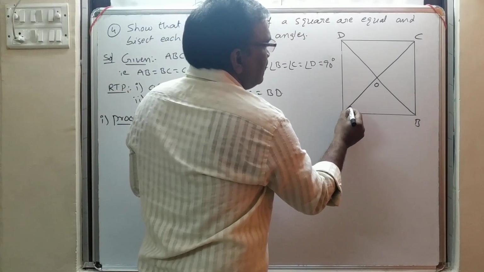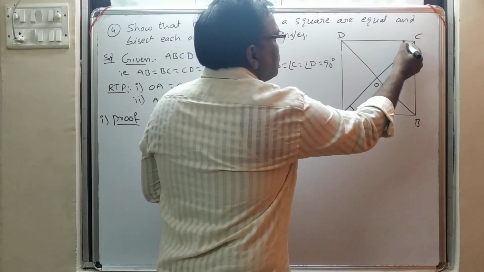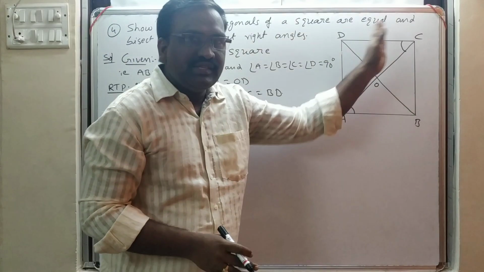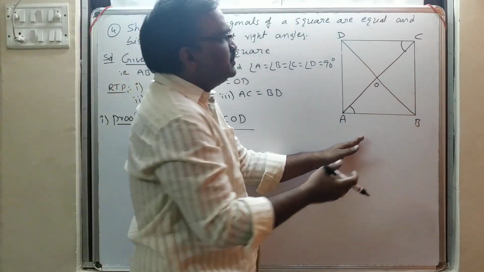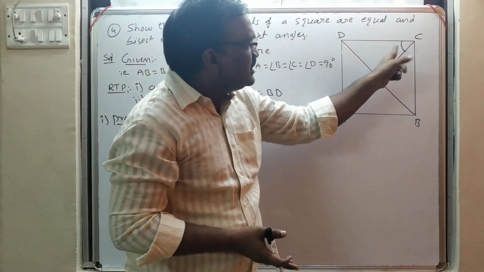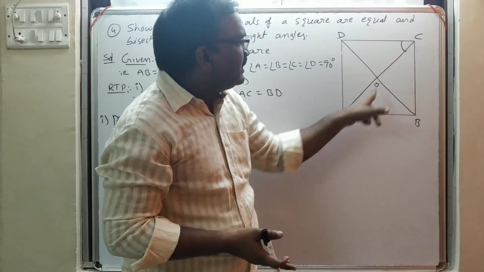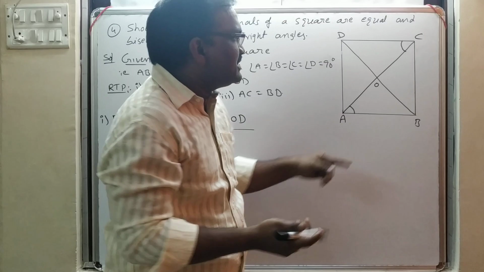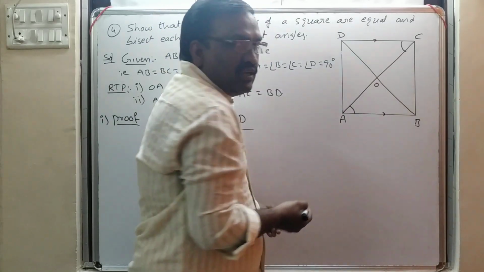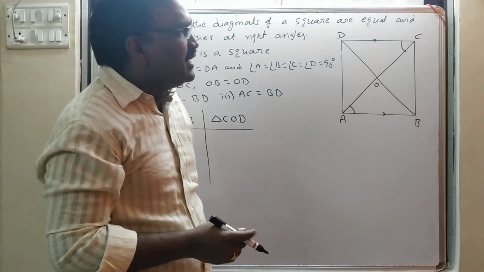What about these two angles? Every square is a parallelogram. So in a parallelogram, opposite sides are parallel. So this angle is equal to this angle. Alternate interior angles. So these two are parallel also. Why? Every square is a parallelogram.